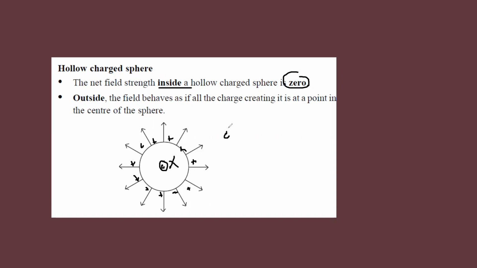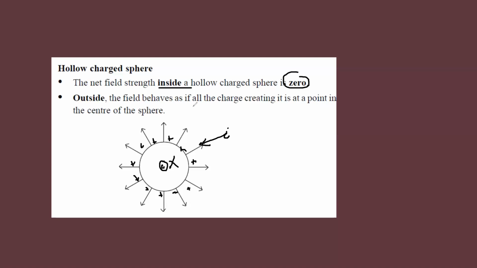But if I place the electron outside, then this electron is attracted. So for a hollow charged sphere, the net field strength inside is 0. But outside, it will behave like a charge created at its center.